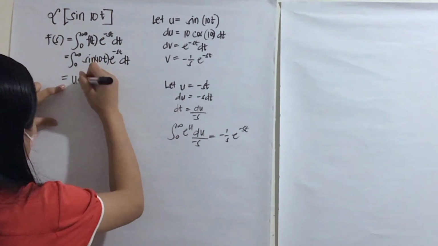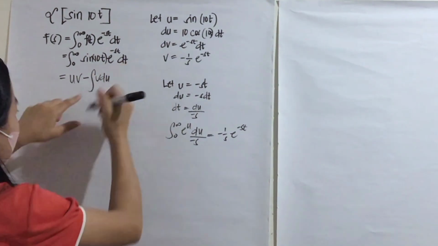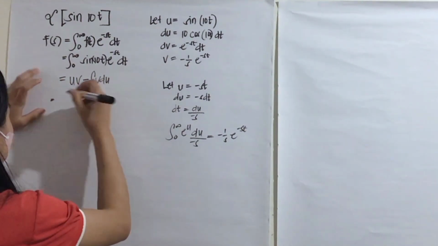So we will use the formula of our integration by parts, which is uv minus the integral of v du. So substitute the values.